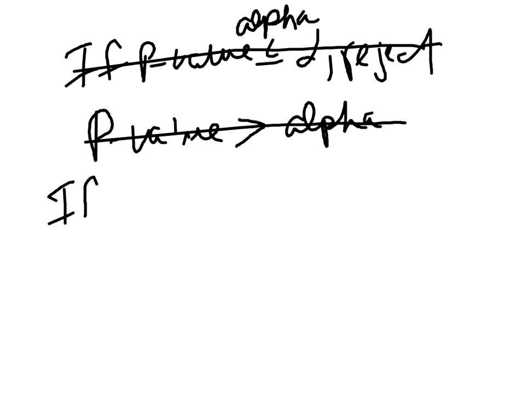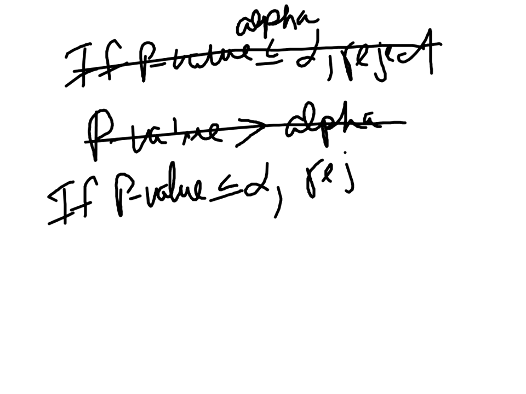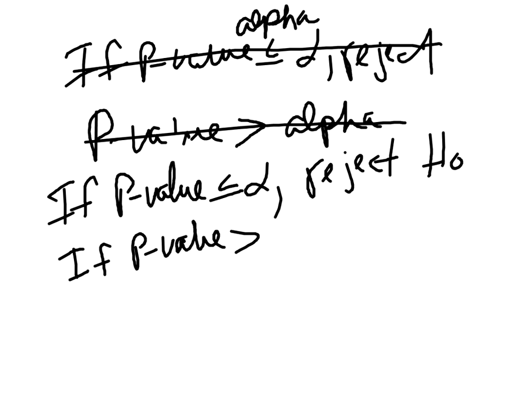I could just read this, but I want to do it as best I can. If our p-value is less than or equal to our alpha, we reject the null hypotheses. Okay, and my pen's now working again. If p-value is greater than alpha, remember a p-value is an area and alpha is an area, then we don't reject.